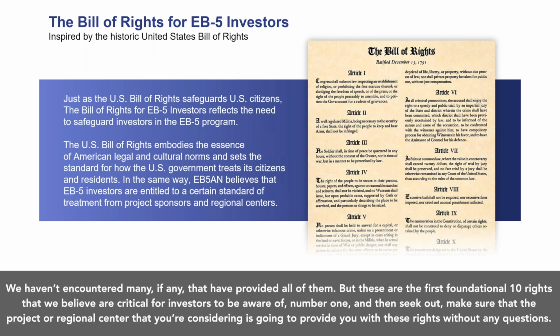We haven't encountered many that provide, if any, that have provided all of them. But these are the first, foundational 10 rights that we believe are critical for investors to be aware of, number one, and then seek out, make sure that the project or regional center that you're considering is going to provide you with these rights without any questions.